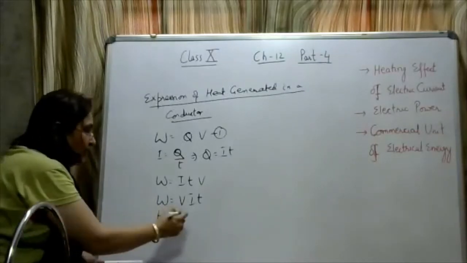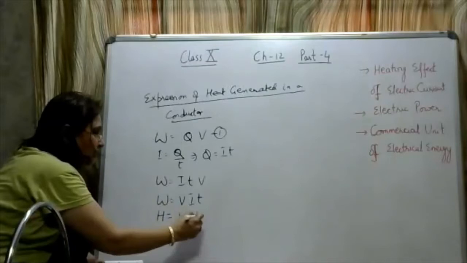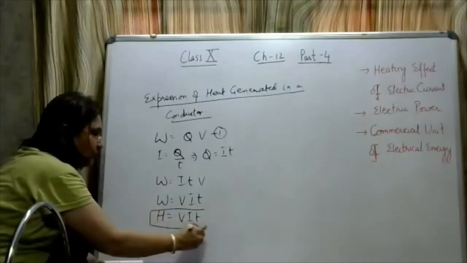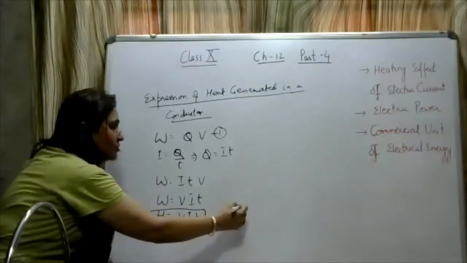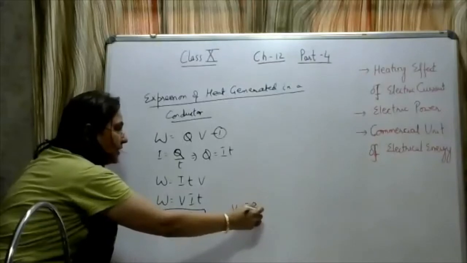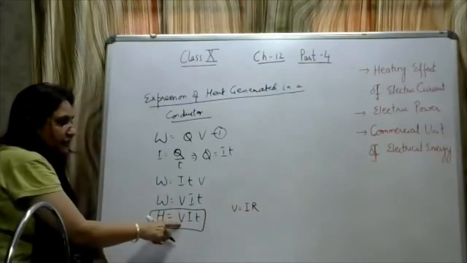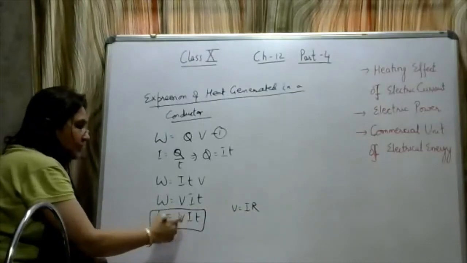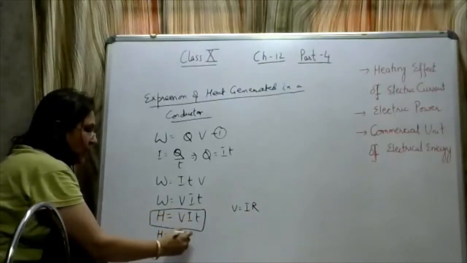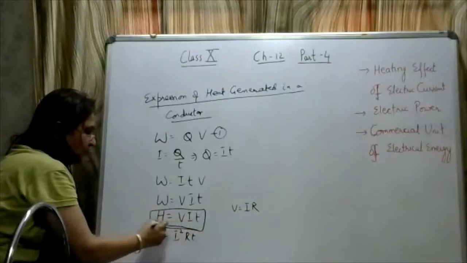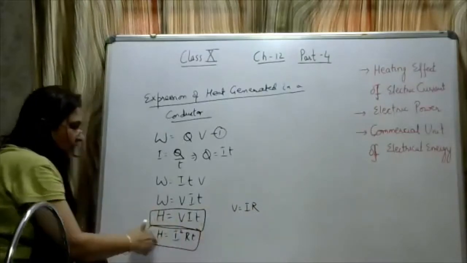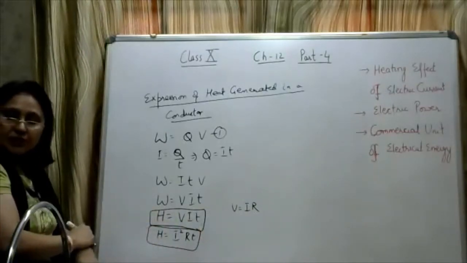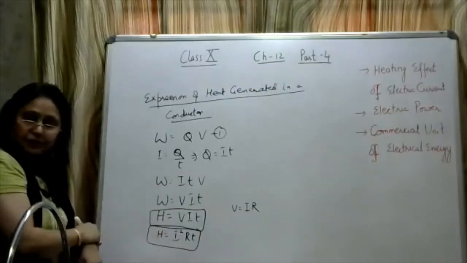So the heat energy produced is equal to V into I into T. According to Ohm's law, V is equal to I into R. Substituting V is equal to I into R, we get the expression I square R into T. So this is another expression of heat energy produced, which is equal to I square R into T.